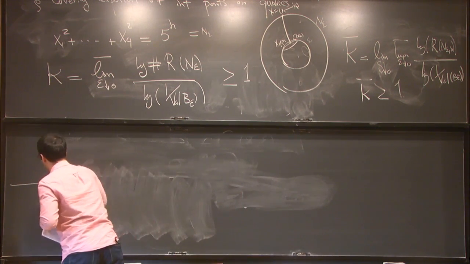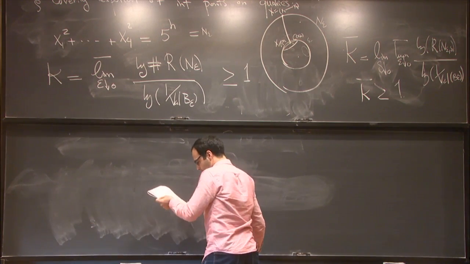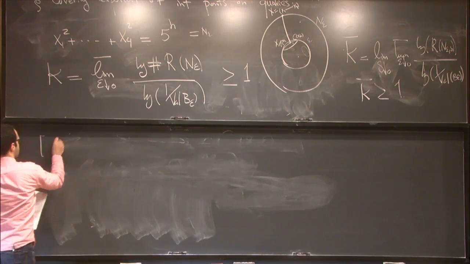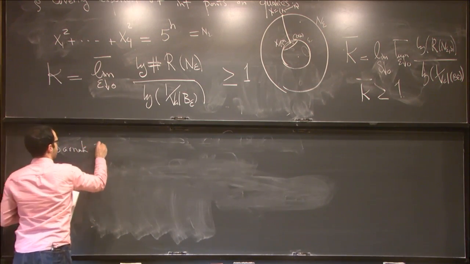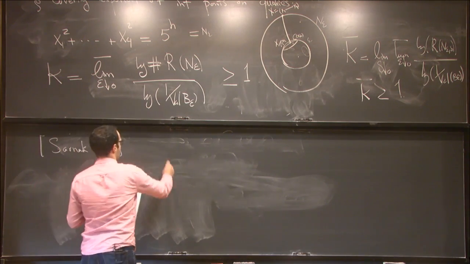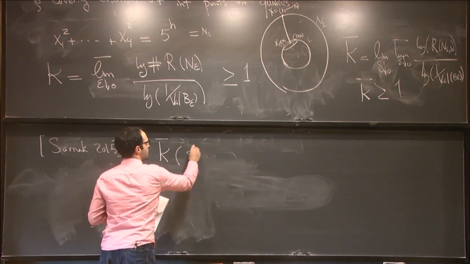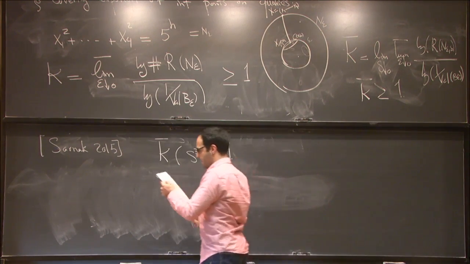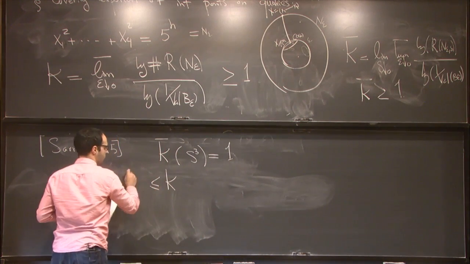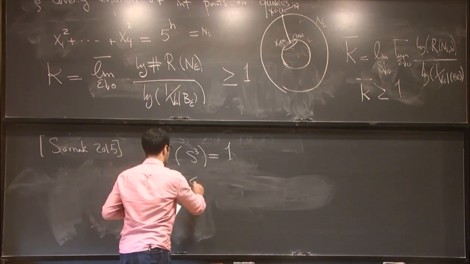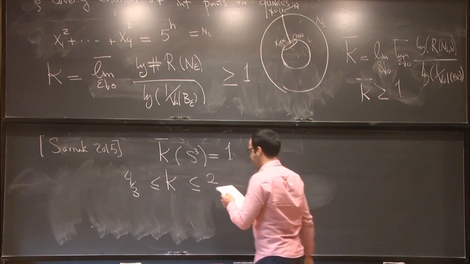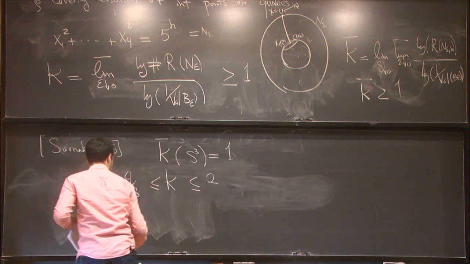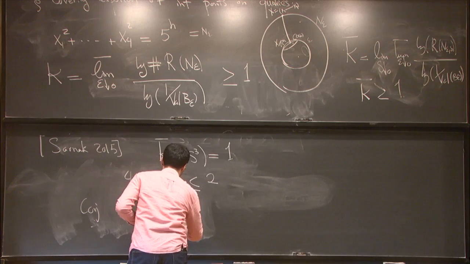So let me first write down the result of Sarnak on bounding h, k, and k bar. In his letter in 2015, Sarnak proved that k bar is in fact equal to 1, and k is bigger than 4 over 3 and less than 2. And he conjectured that k is in fact equal to 4 over 3.